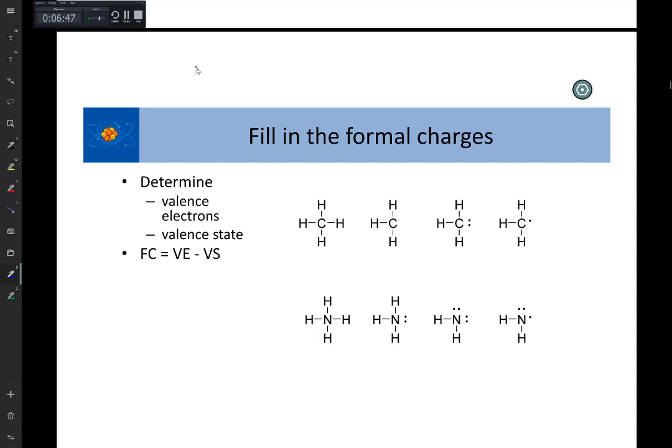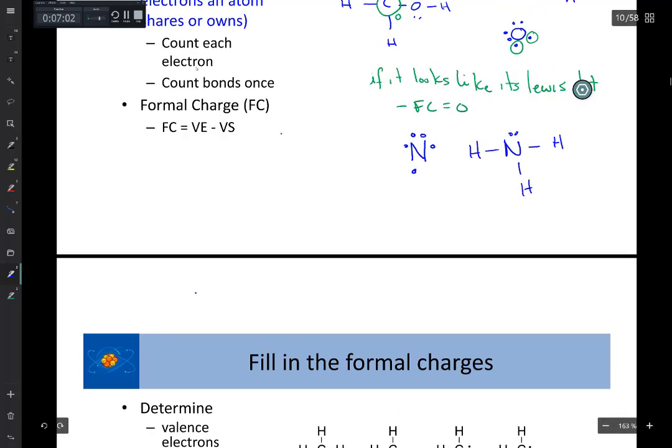Carbon, hydrogen, nitrogen, oxygen, phosphorus, sulfur. CHNOPS, because it sounds like chin-ups. Those are the ones you should probably remember the number of valence electrons for.